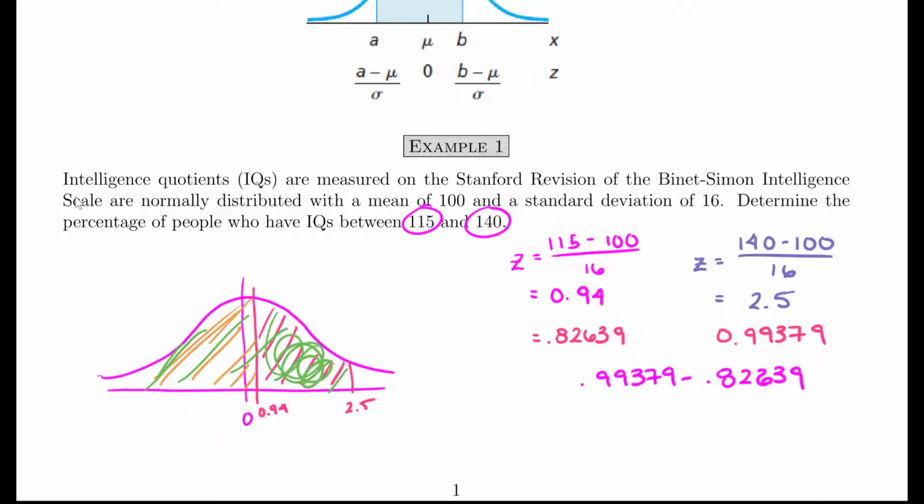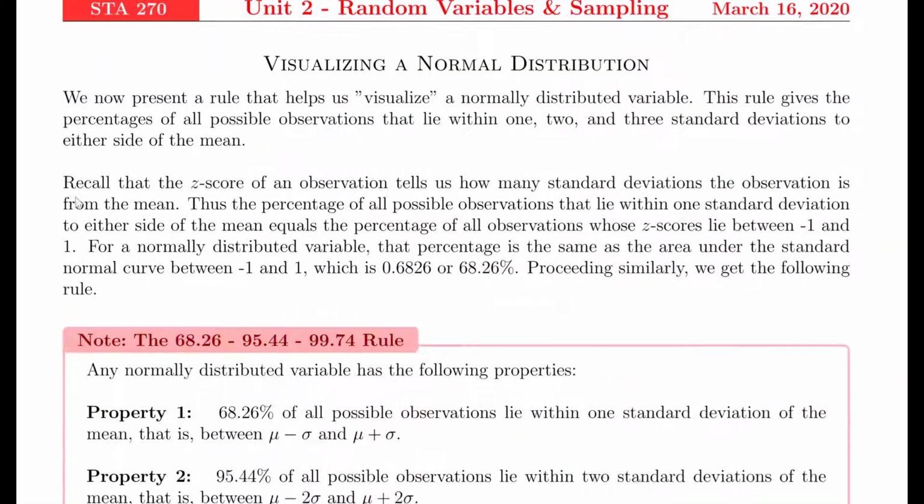When I type this in, we get 0.1674. So the percentage of people who have IQs between 115 and 140 is 16.7%, roughly. And that's how you use the z-table in a practical application.